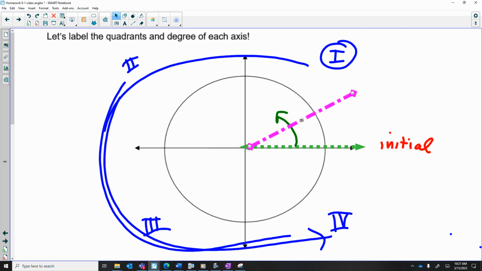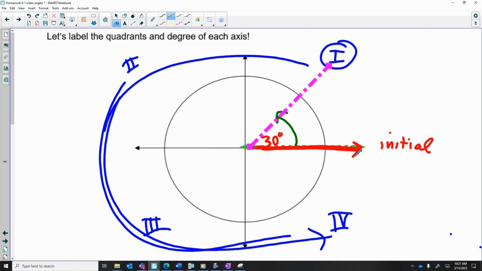So let's say I wanted to rotate my angle like this into quadrant 1, and let's say that angle of rotation was 30 degrees, which is an acute angle. That starting angle here is along the positive side of the x-axis, and this is called standard position of an angle.